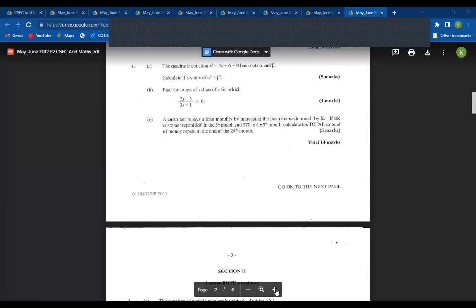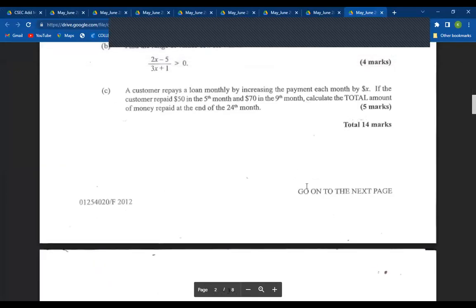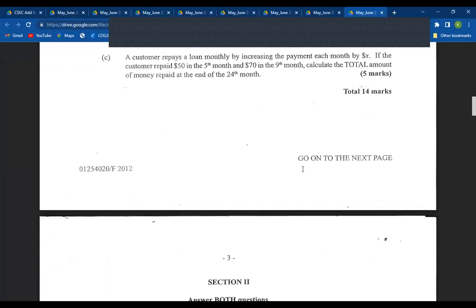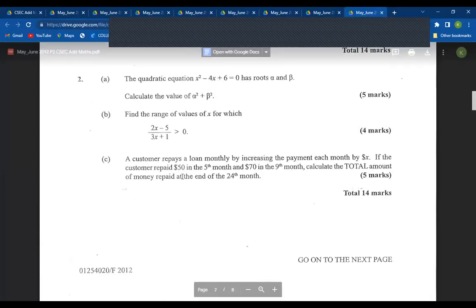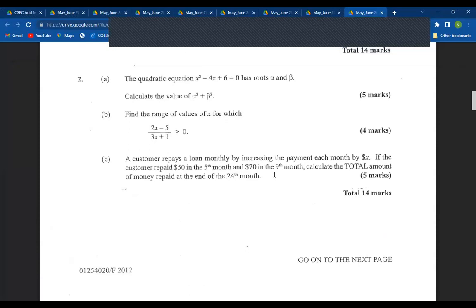Like I told you before, with this topic, series and sequences, they love to bring questions like this with money, annual salary, starting salary. So don't be surprised if you see a question like this. They would hardly ever give you a question that's very straightforward. It comes like this with money and all that.